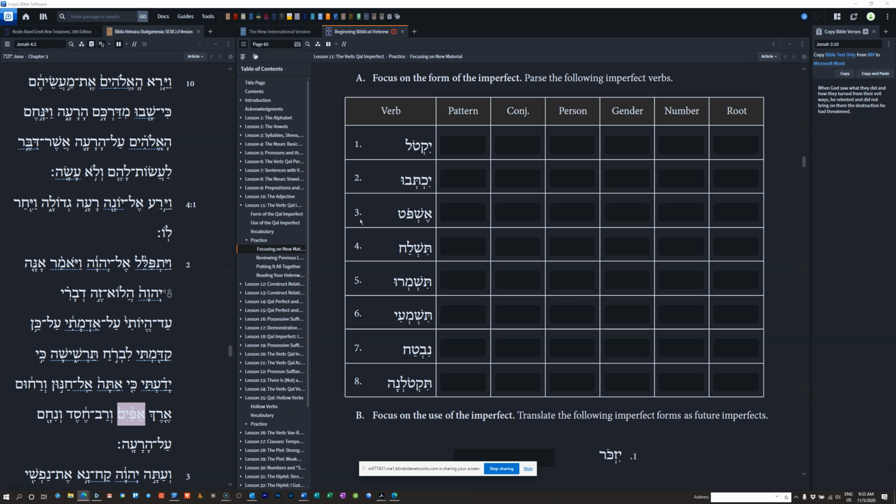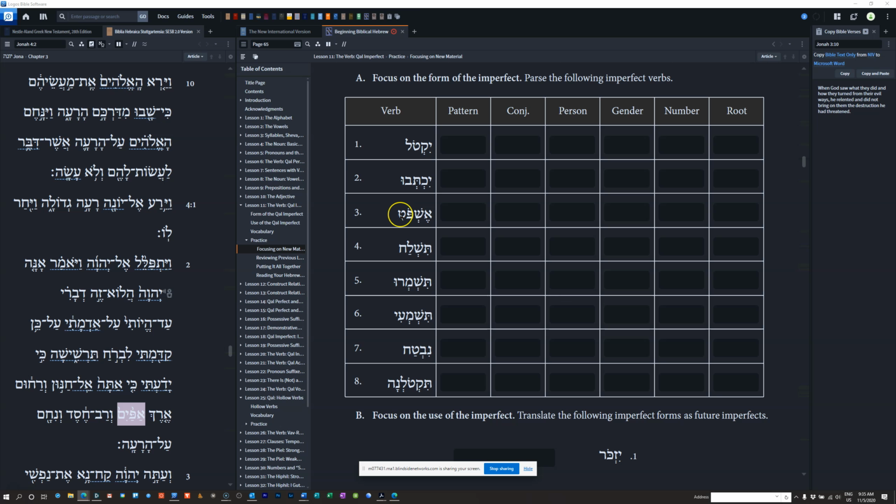Alright, so number 3, same thing. When you first look at number 3, you might think that you've got a shin or something like that as your verb. But tet here, tet is never added as a suffix. So it'd be hard to explain where this tet is coming from if our root is aleph, shin, he.